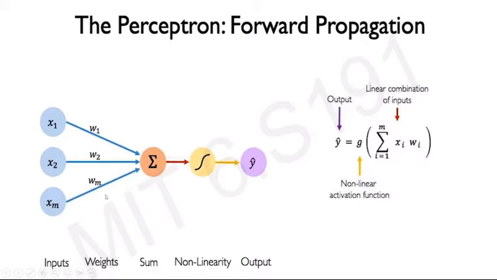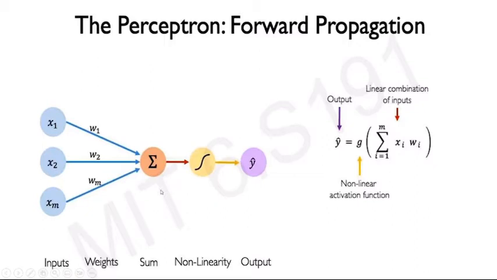We got weights. The weight is going to tell us the strength of the node. Each of these is a node right now, and the strength of the node is what the weight represents. Now, there's a linear combination where we multiply w1 by x1, w2 by x2, up to wm by xm, and we sum them, which is exactly what we have here.